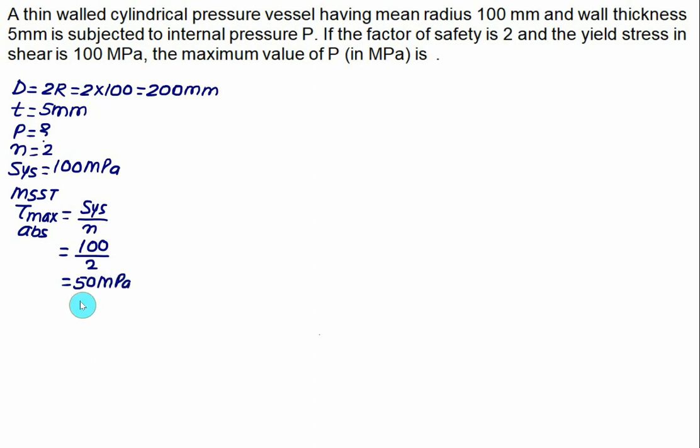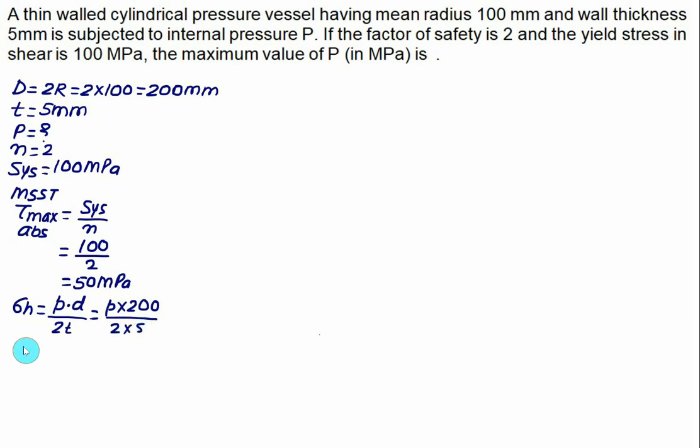Because of a thin cylinder, two stresses will be produced. One is sigma H. Sigma H is equal to pressure multiplied by diameter divided by 2 times thickness. Pressure is unknown, so we have to calculate this value in terms of pressure. So we have pressure, diameter is equal to 200, divided by 2 times thickness, which is 5.